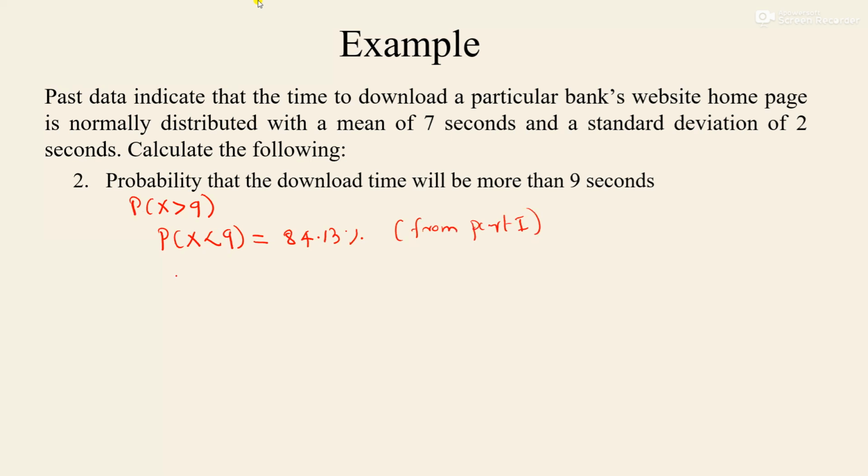We know that the total probability is 1. So the probability of X greater than 9 is equal to 1 minus the probability of X less than or equal to 9. This is the probability they are asking: the download time will be more than 9 seconds.